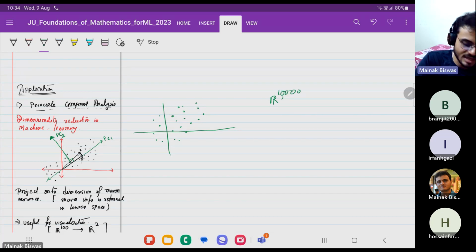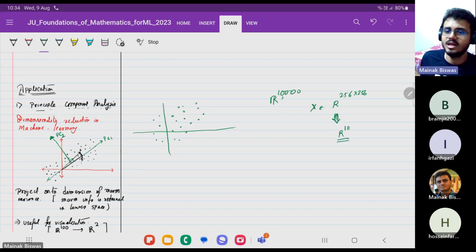For example, if you have an image 256 by 256, your vector will be of the order of 256 by 256, which may be difficult to train a model with. So generally, what people used to do is convert this into, say, R10 dimensional, and this was done using PCA, which gives what are called the principal components.